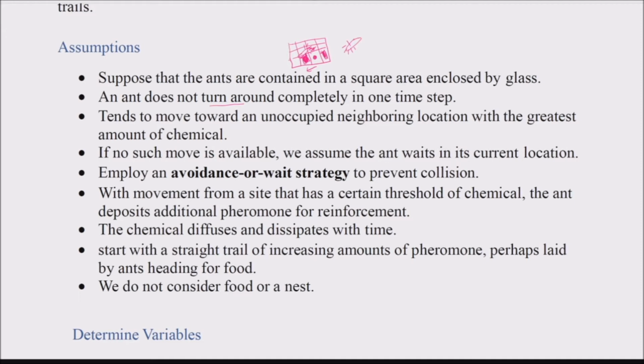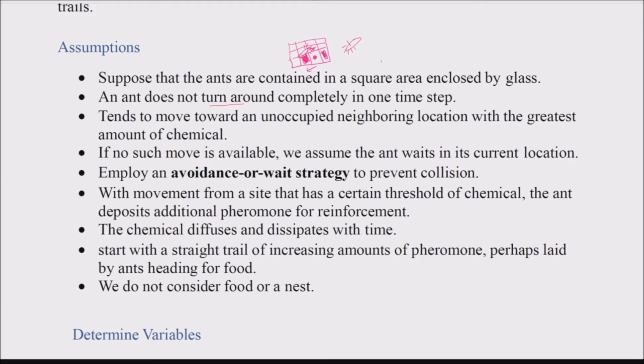If no such movement is available, assume the ant is waiting in its location. If there's no pheromone or available cell, that means if there's an ant here, he's not going to go there, so he will wait. That's the isolation, or idle, part. And employ an avoidance or waiting strategy to prevent collision.